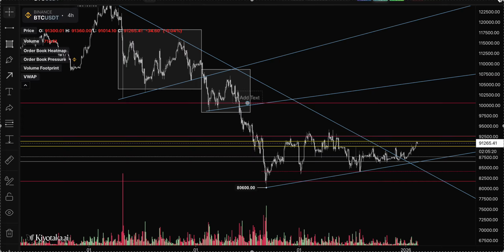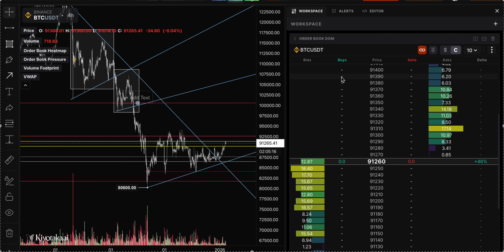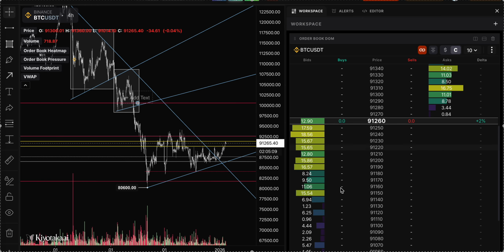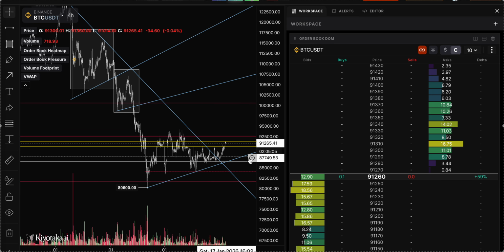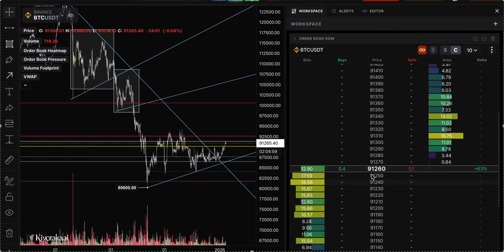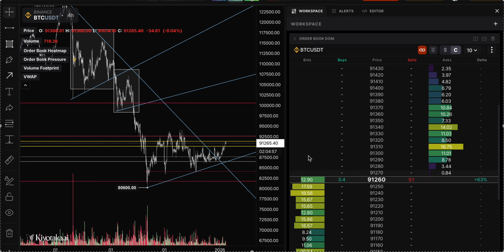So let me show you the one from Kiyotaka, but basically this is the DOM, but on the terminal you can click and place orders here. It's useful, and at that point you don't really need a chart, okay, but we need to learn how to do it. So I will explain that as well.